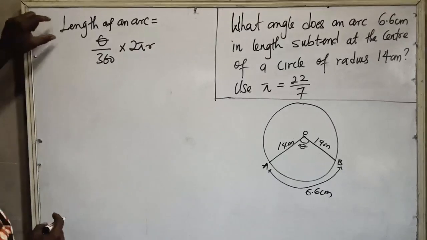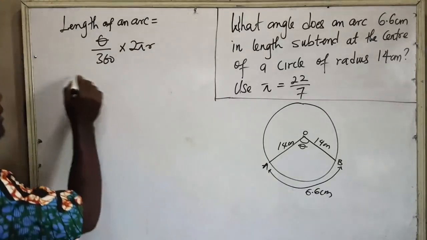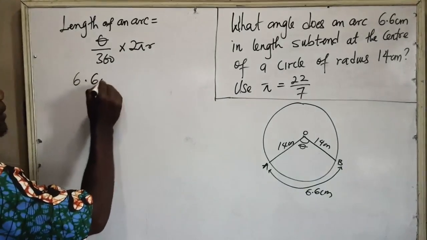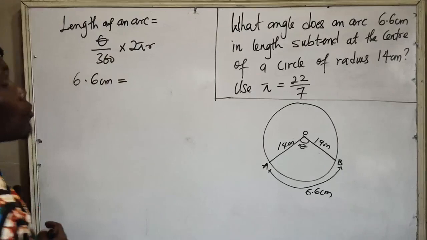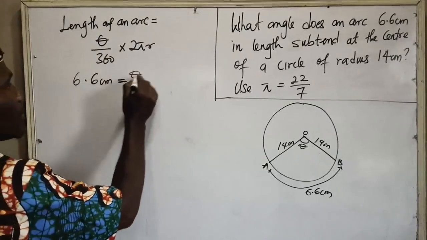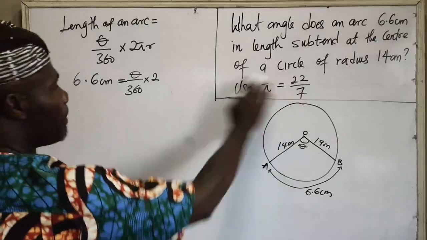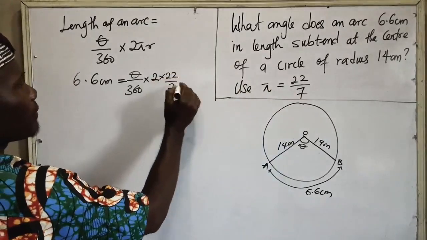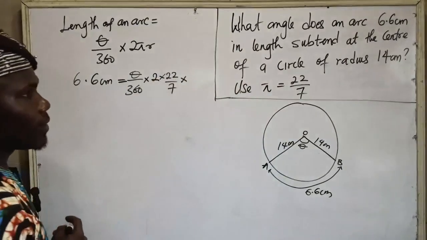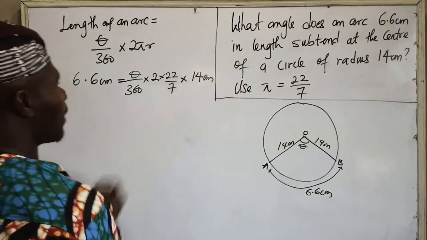We are given the length of the arc to be 6.6 centimeter, which is equal to theta, which we don't know, over 360 times 2 times pi, which is 22 over 7, times r, and our radius is 14 centimeter.